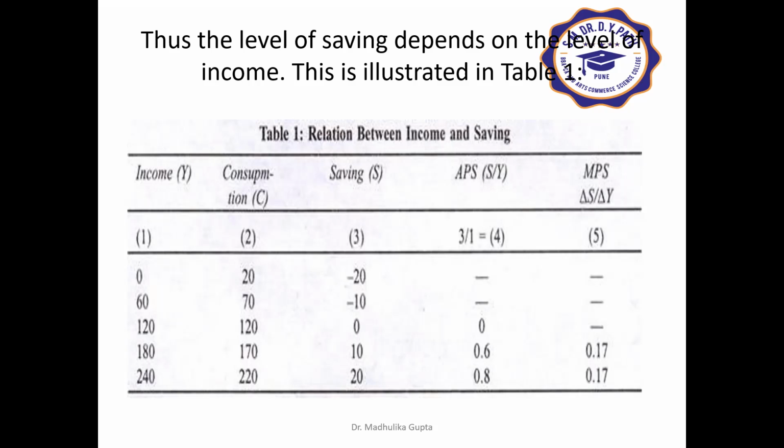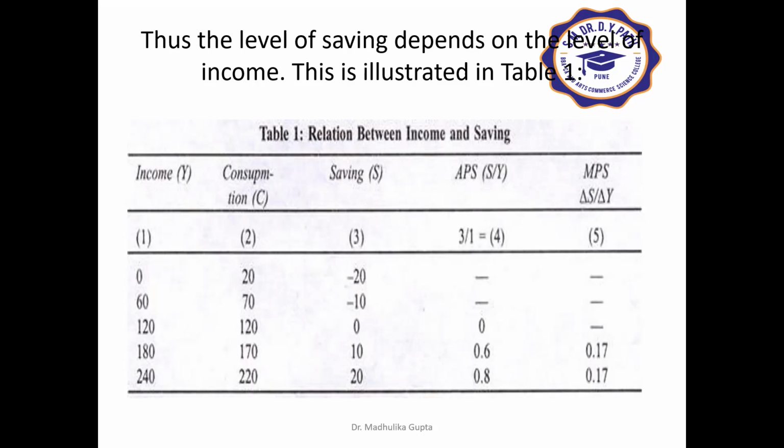So they have to consume even if they are not earning, or their consumption expenditure is more than their income, like consumption expenditure is 70 and income is 60. The second row I'm talking about.